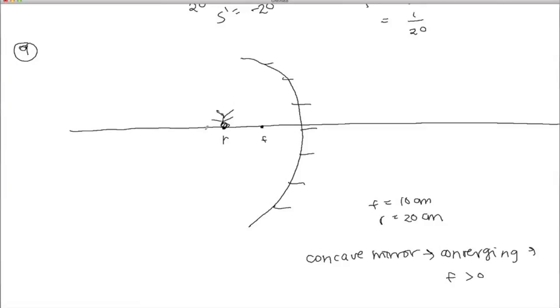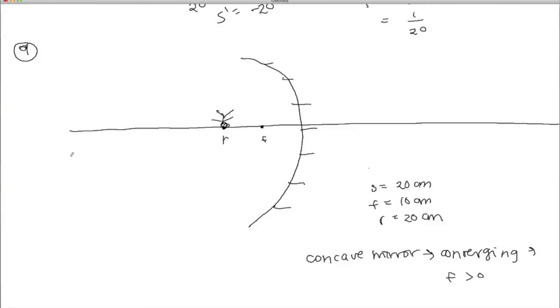So then S is 20. H, we don't know what H is. How did you know S was 20? From finding ourselves on the chart. Good.